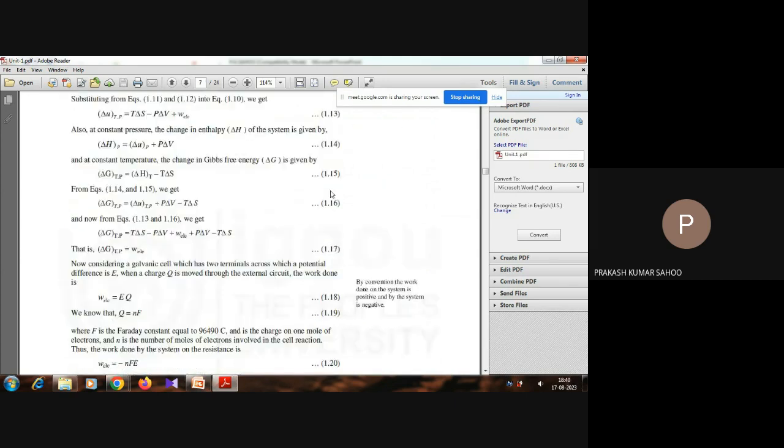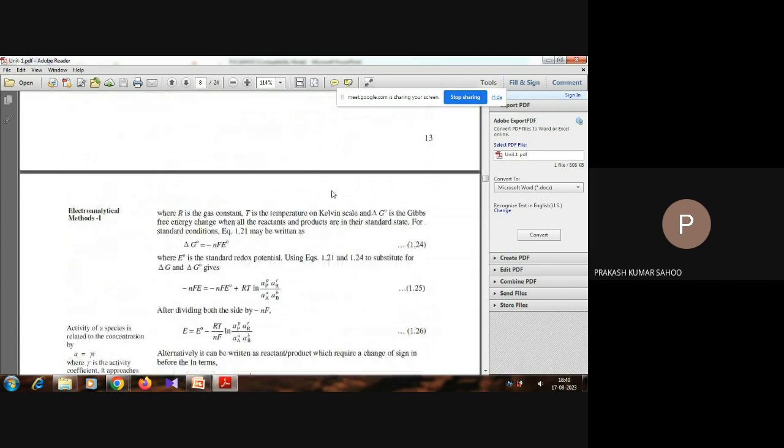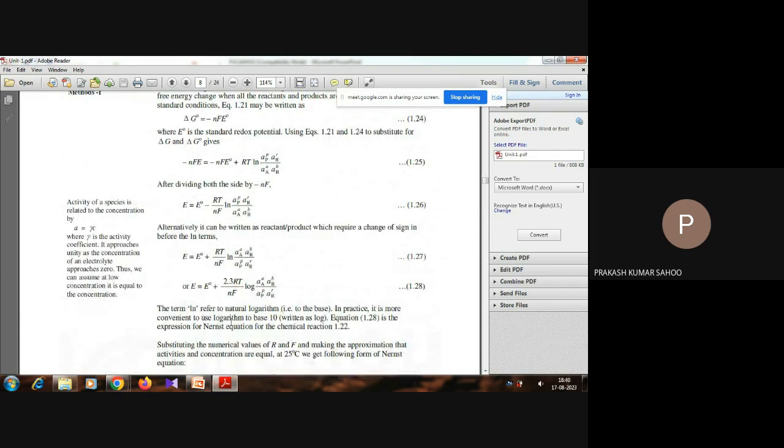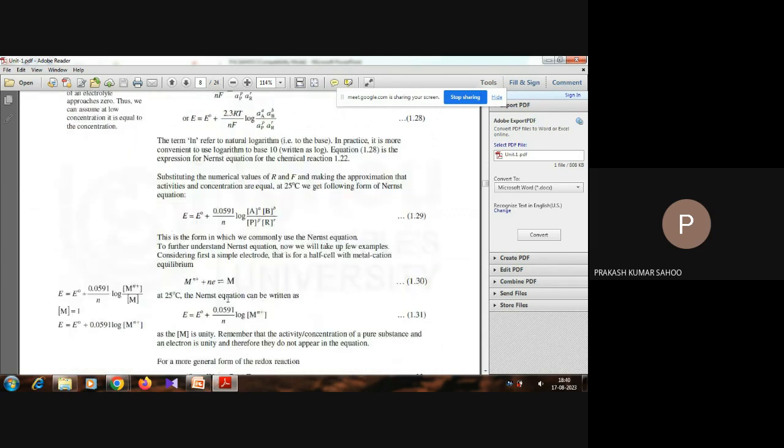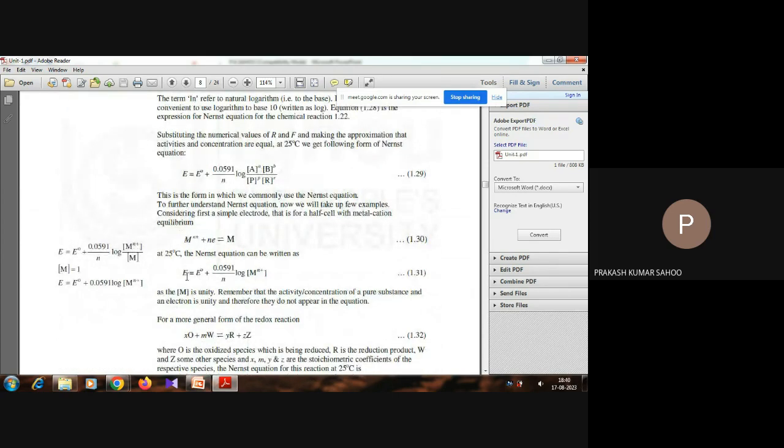And the equation is, just see here. This is E equal to E0, where E is the cell potential at non-standard condition, or at any condition except standard state. It is equal to E0 cell, that means the standard, plus 0.0591 by n log of the oxidized over the reduced state.